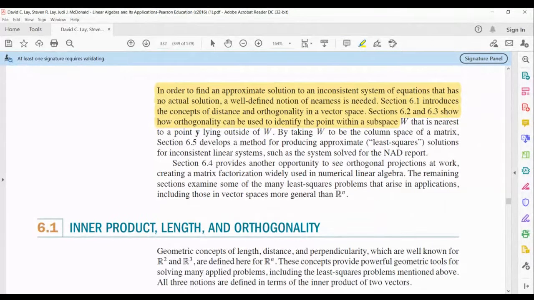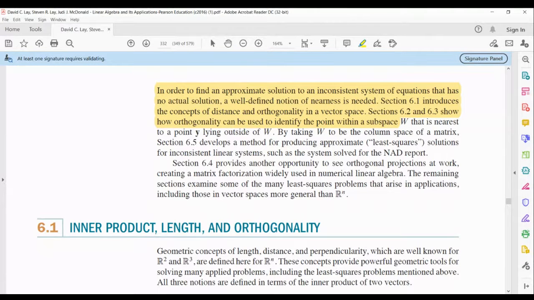So one of the key ideas here is, suppose we have an inconsistent system of equations. An inconsistent system of equations has no actual solution. But there could be a solution that is like the closest, a best approximate solution.